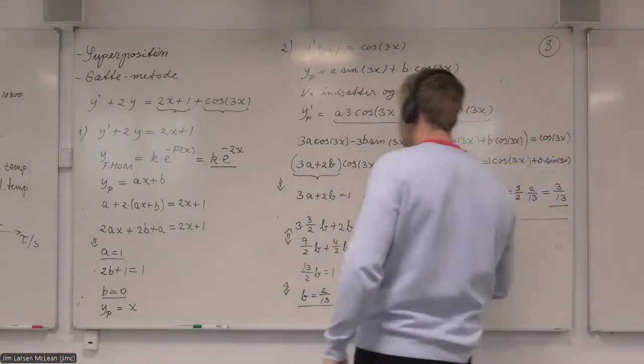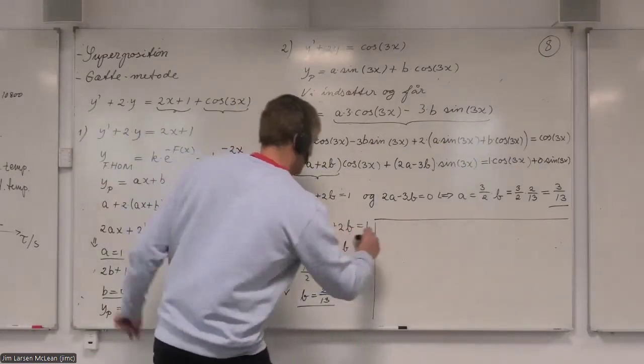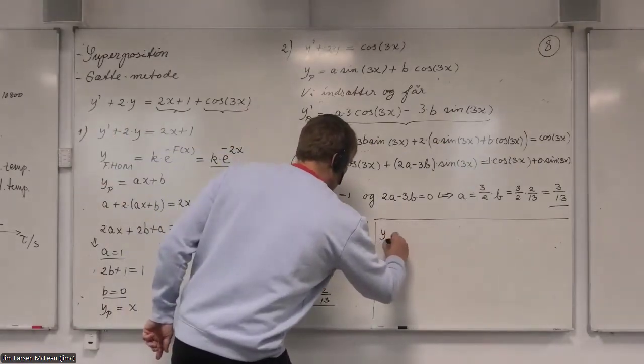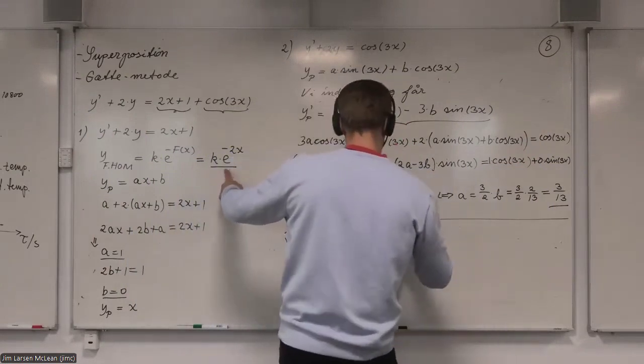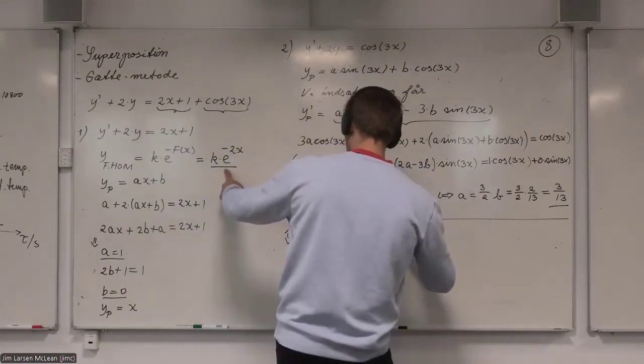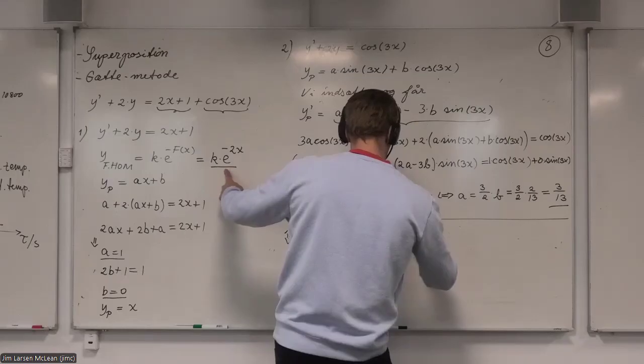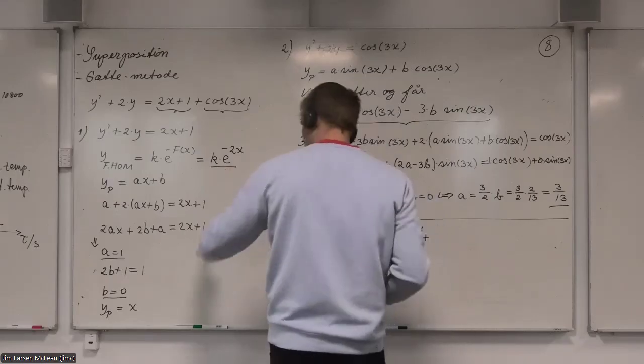The complete solution to the entire differential equation, the full solution, y, becomes the homogeneous one, 2 times e to the minus 2x. We need to include that. Plus, we also need this particular solution here.